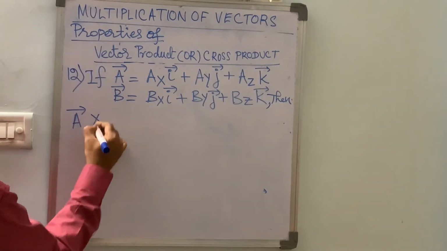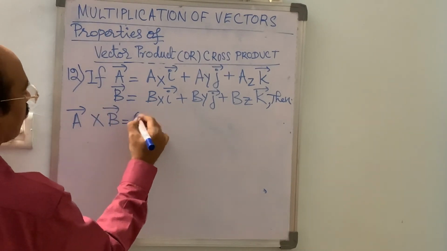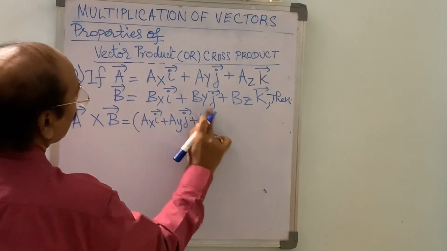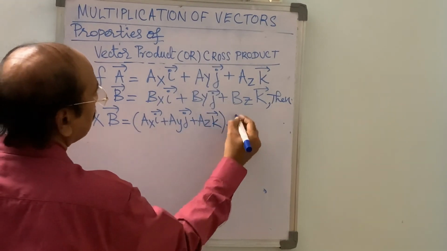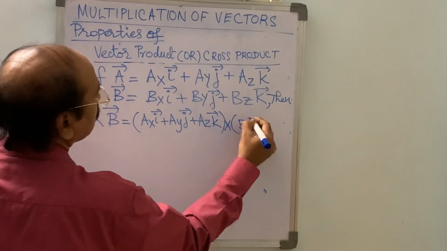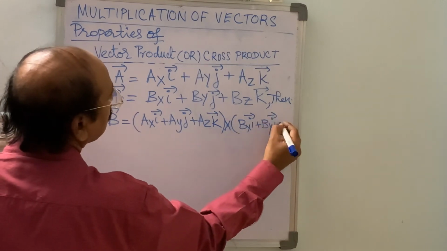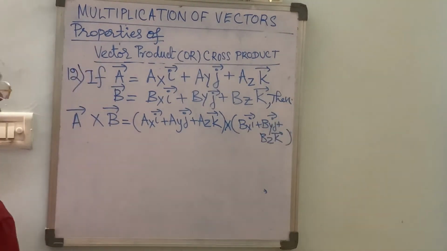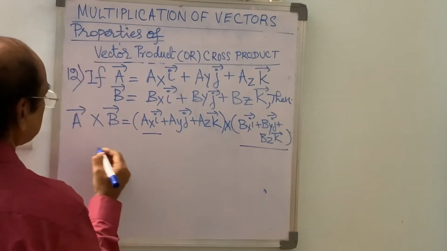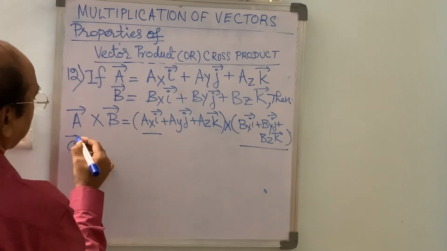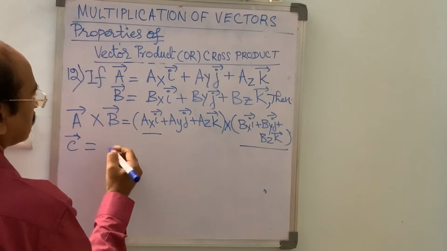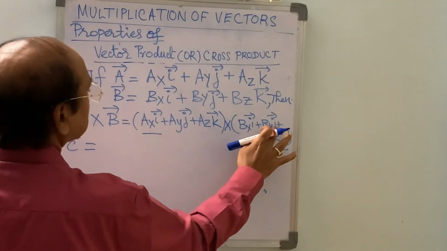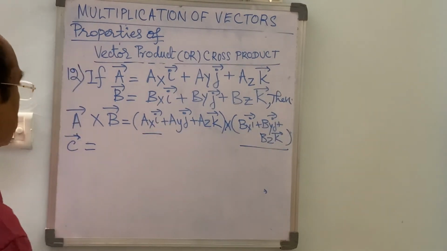And a bar cross b bar is equal to, by multiplying the first term with these three terms, I bar cross I bar is 0, and I bar cross j bar is k bar, I bar cross k bar is minus of j bar.